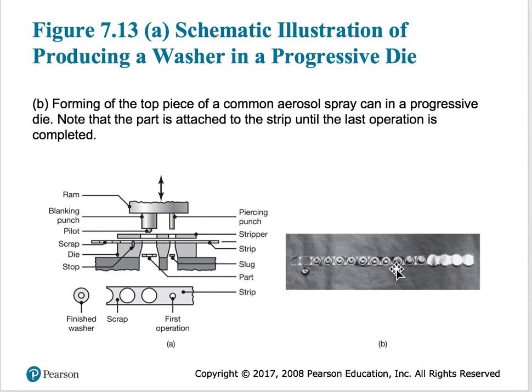The operation takes place at multiple stations arranged in a straight line or a circular path, and the part is transferred from one step to the other. So those are the different aspects of the tool and die operations.